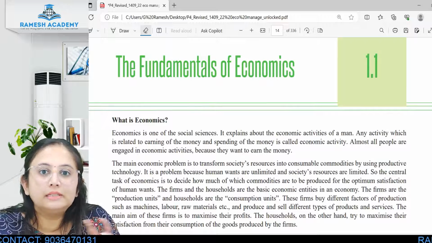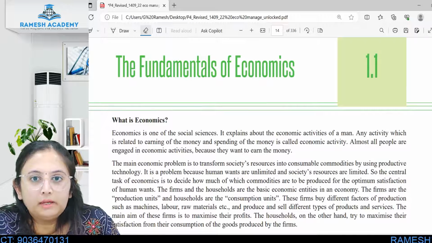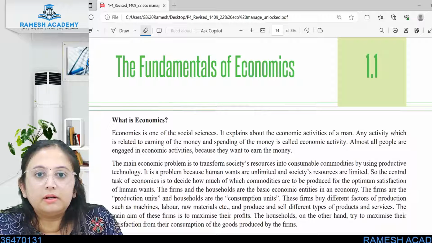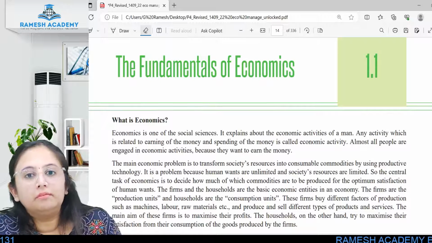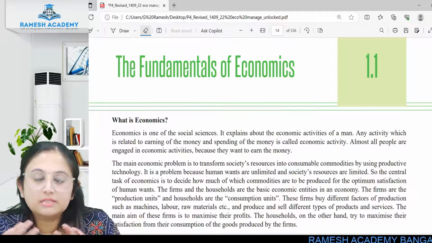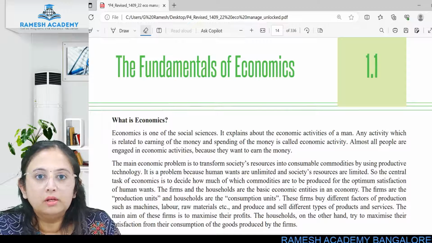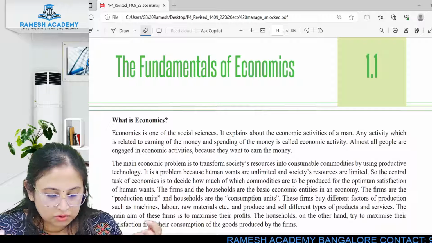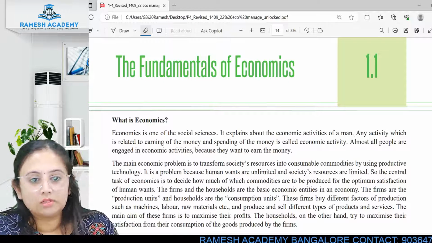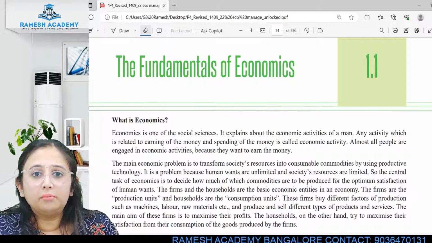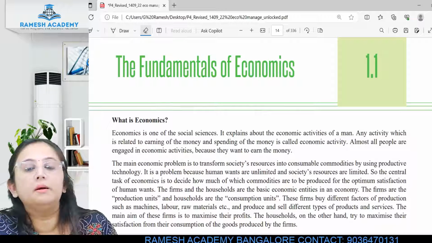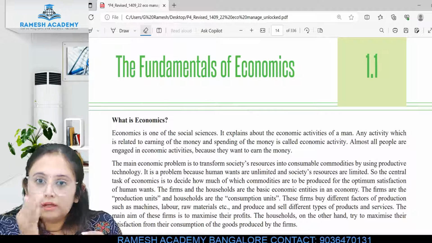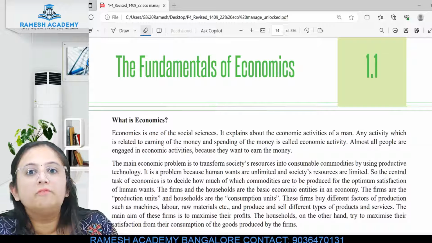Just like we human beings have our own environment, even the business functions surrounded by its own environment. We have the political environment, then the societal environment, then the technological environment. So many environments surround a business, and by looking at all those environments, the business will function.